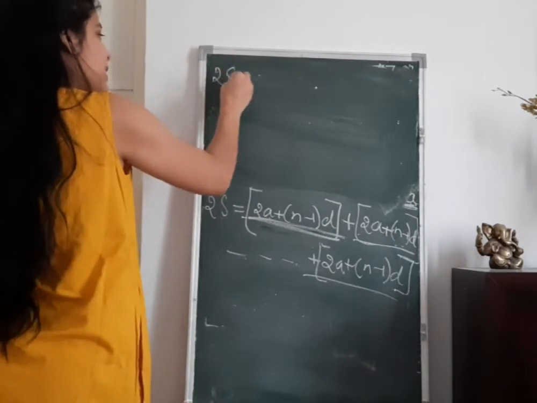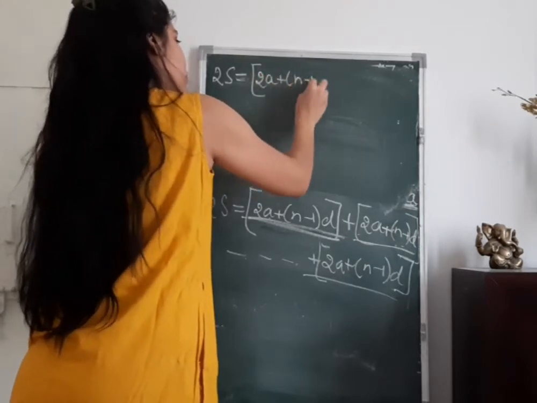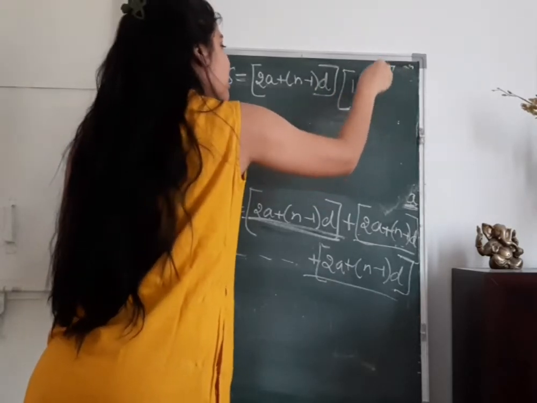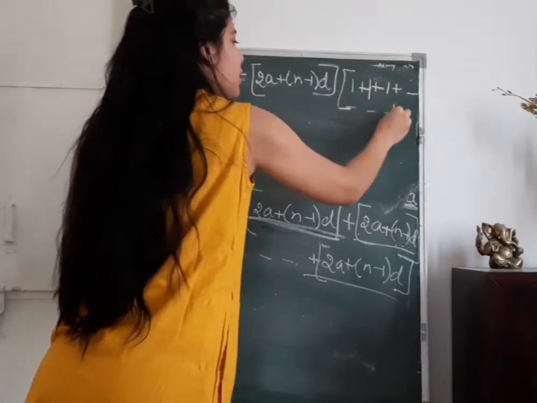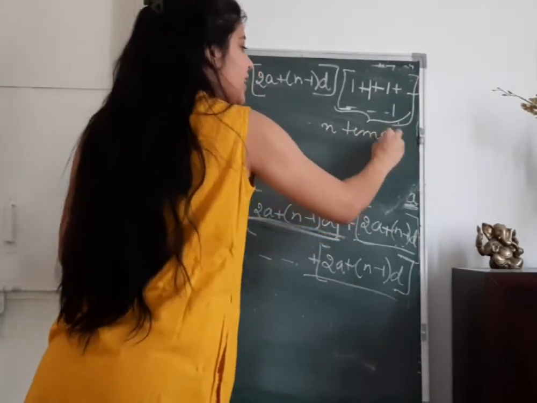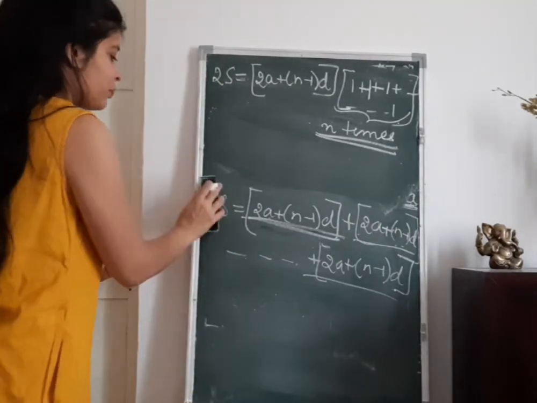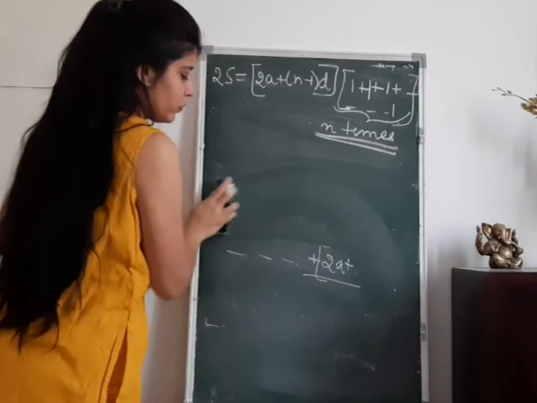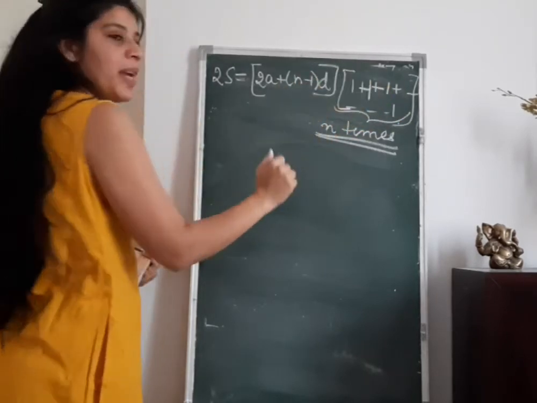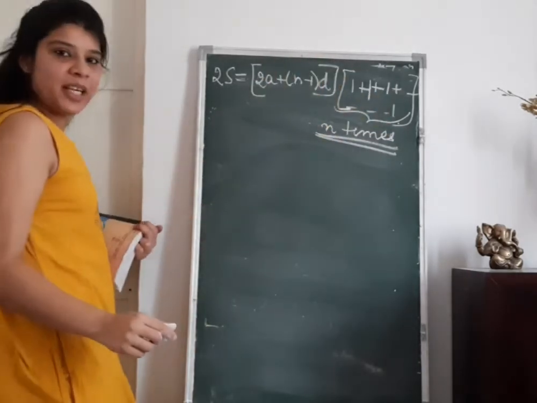So if I write this as 2S and take 2A plus n minus 1 into D as common, then I will be left with adding 1 plus 1 plus 1 plus 1 for n times, because there are n terms in this arithmetic progression.